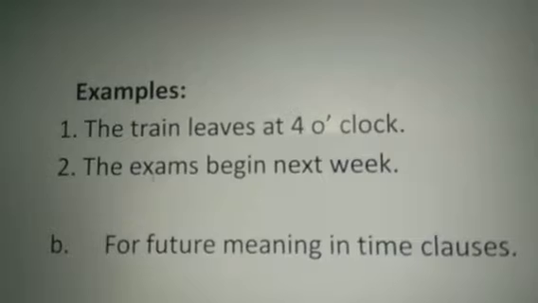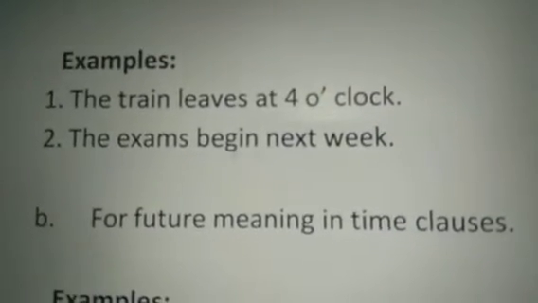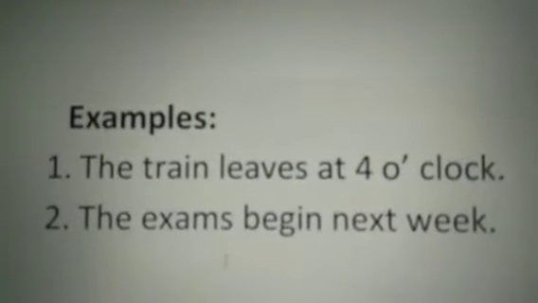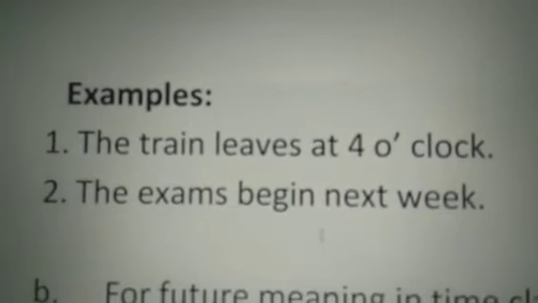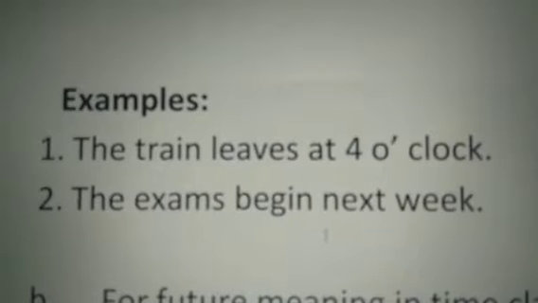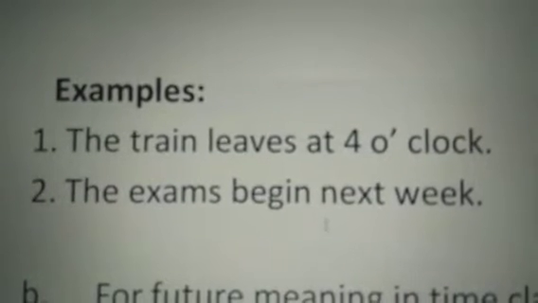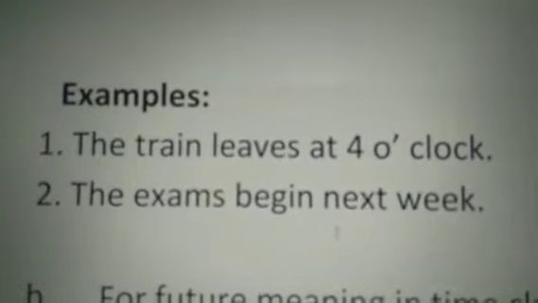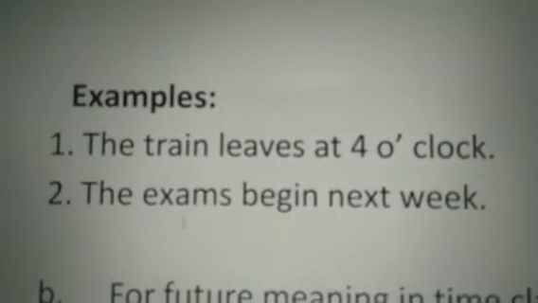Now let us analyze the second example, the exams begin next week. The structure of this example is in simple present tense, but the meaning expressed by this sentence is something which is going to happen in future, while the structure is simple present tense.